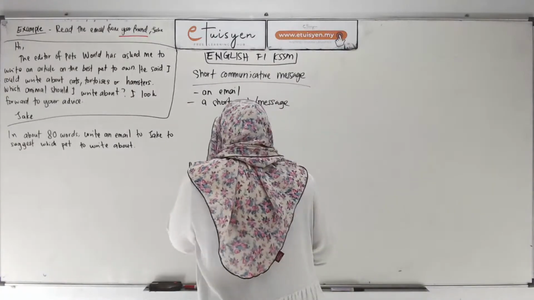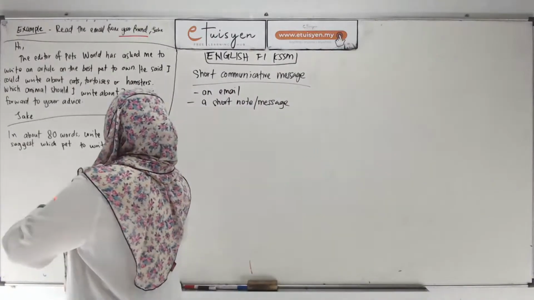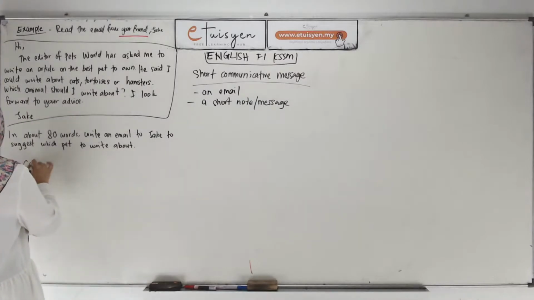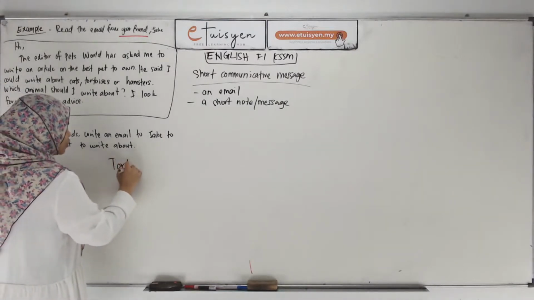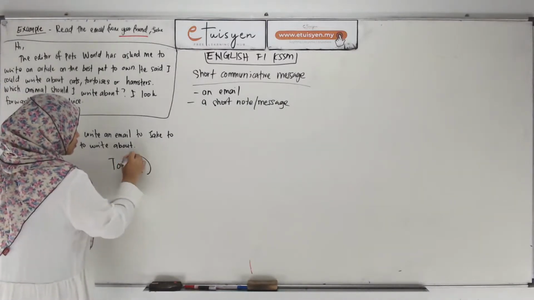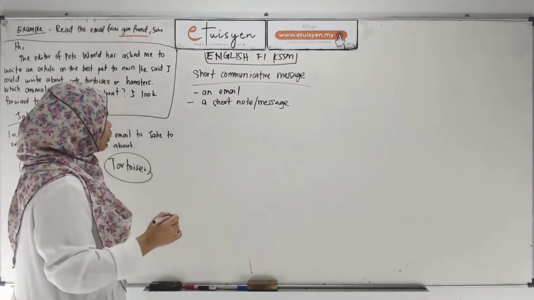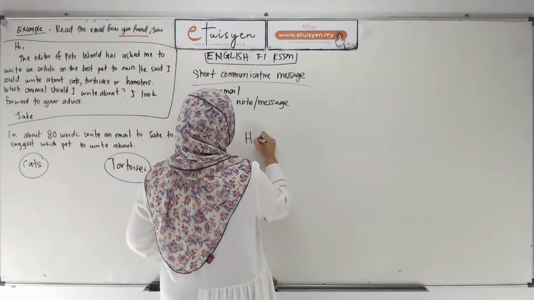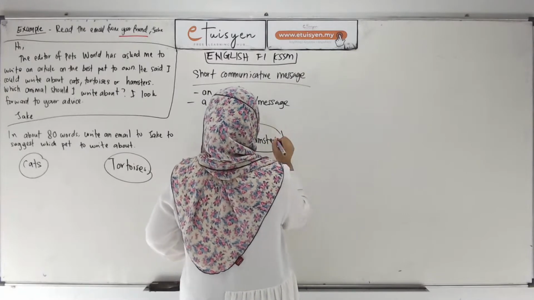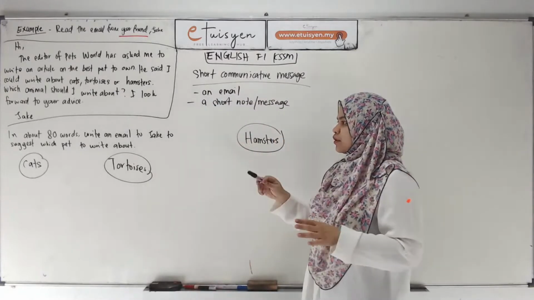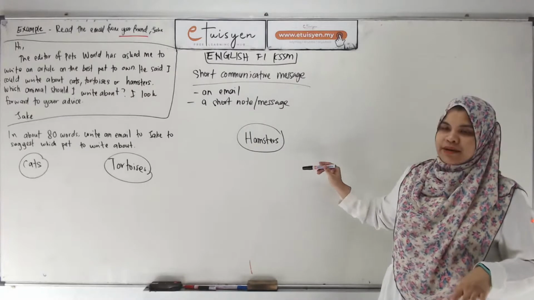Either it's going to be a cat, pet number 1, or you will be writing on tortoise, pet number 2, or hamsters, pet number 3. Okay, cats, tortoise, and hamsters.